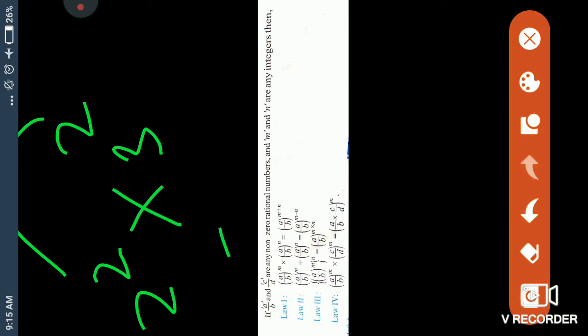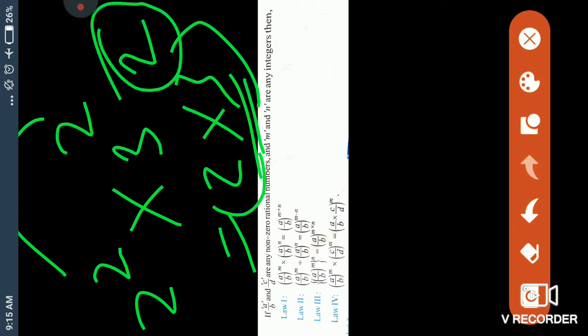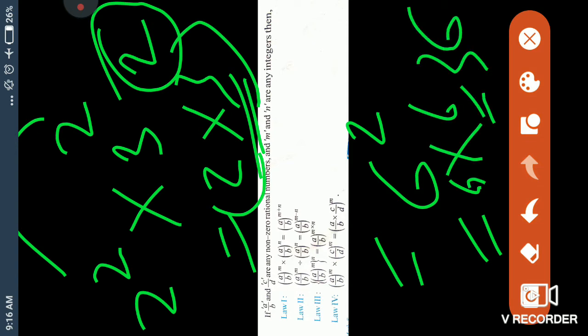So we will write 2 multiplied by 3, whole to the power 2. The bases are different but the power is equal, so we write a single power on both numbers. When we multiply 2 times 3, we get 6 to the power 2, which is 6 multiplied by 6, that is 36. Understand? This is the meaning of this law. So I have explained the fourth law nicely.